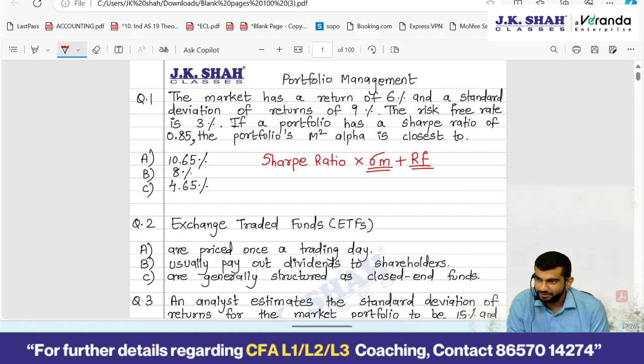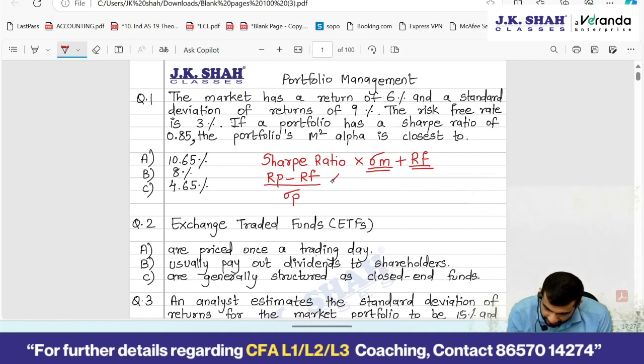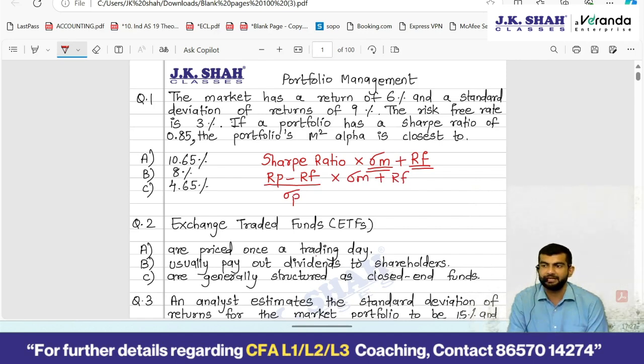Right or wrong? Now I have to find out the portfolio Sharpe ratio. Portfolio Sharpe ratio would be return on portfolio minus risk-free rate upon standard deviation of portfolio, into standard deviation of market plus risk-free rate. Since I have the formula, I substitute the figures. Return on portfolio and all is not required because the portfolio Sharpe ratio is directly given. The portfolio has a Sharpe ratio of 0.85, so I directly take that.